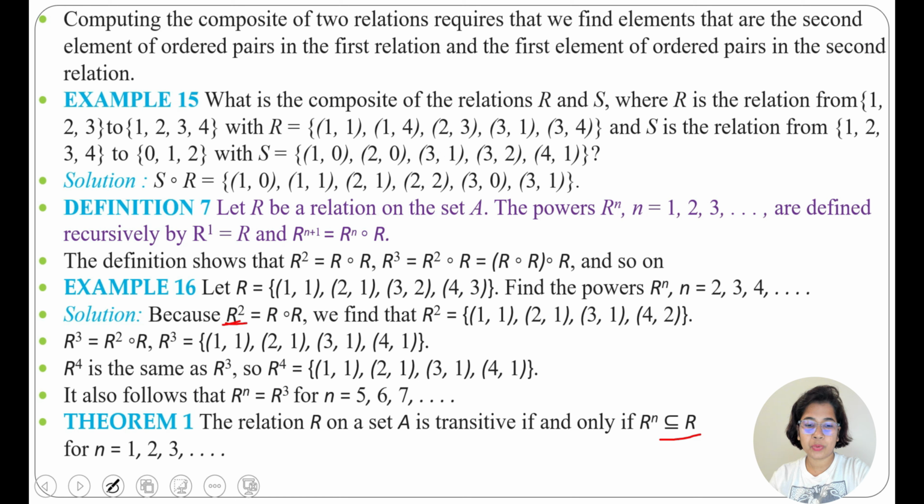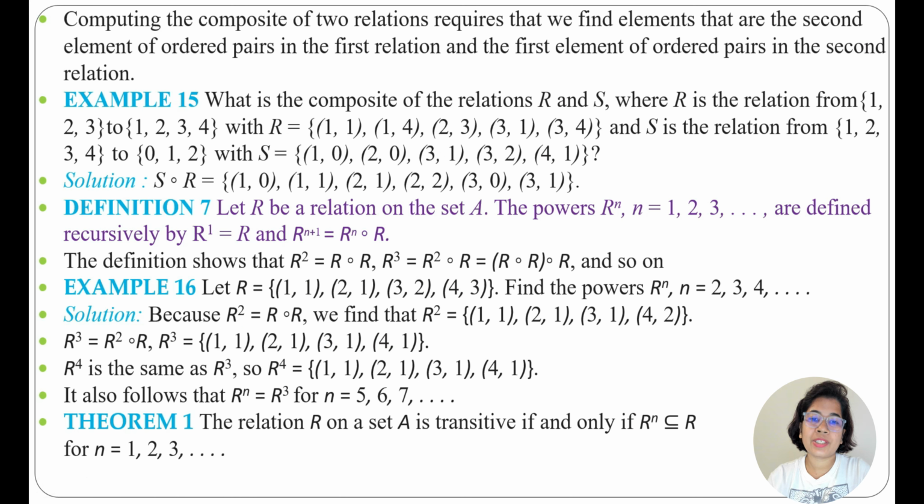Here R^2 contains (1,1), (2,1), (3,1), (4,2). (1,1) is present, (2,1) is present, but (3,1) and (4,2) are not present. So this relation is not transitive. Even R^3 contains (1,1) and (2,1), which are present, but (3,1) and (4,1) are not present.